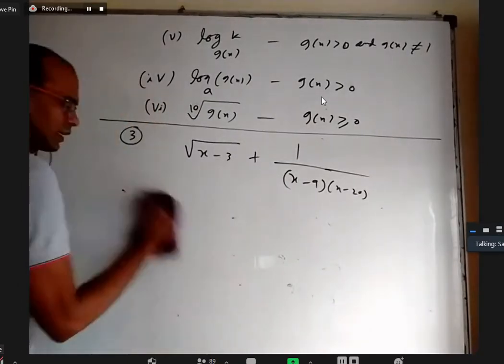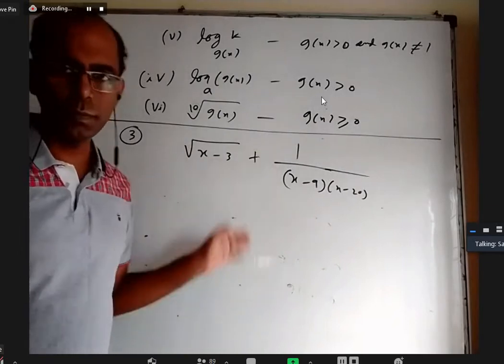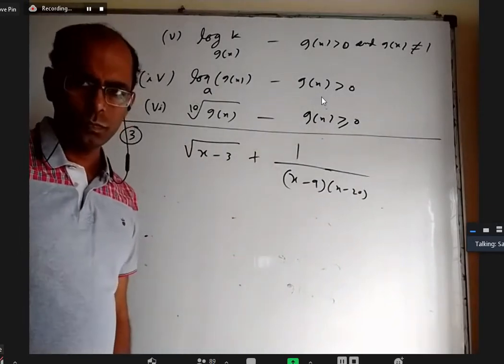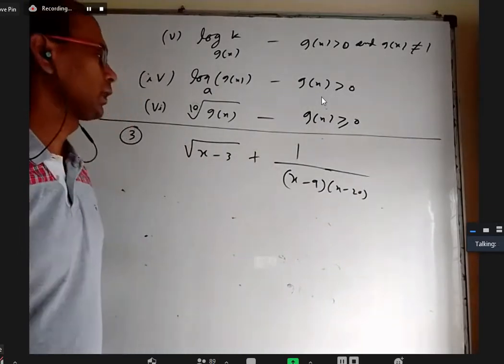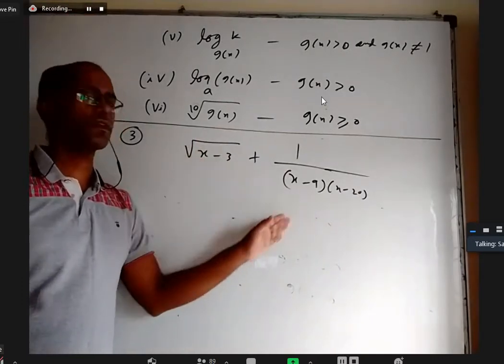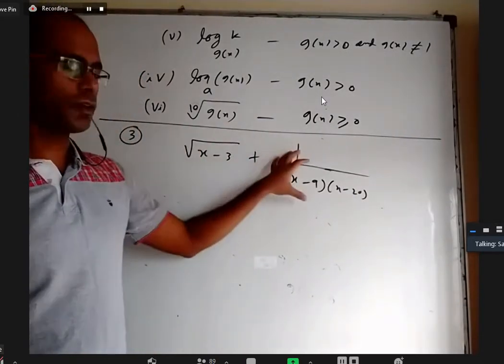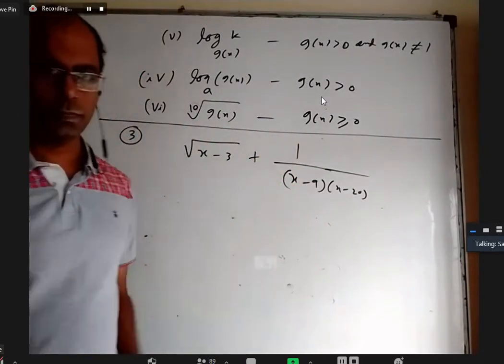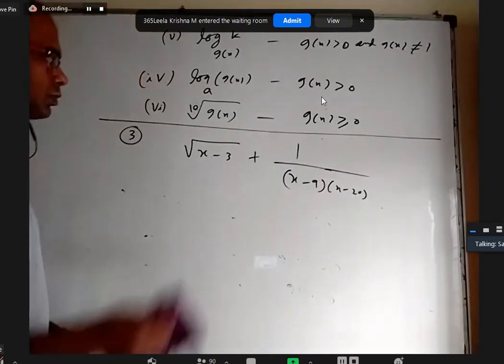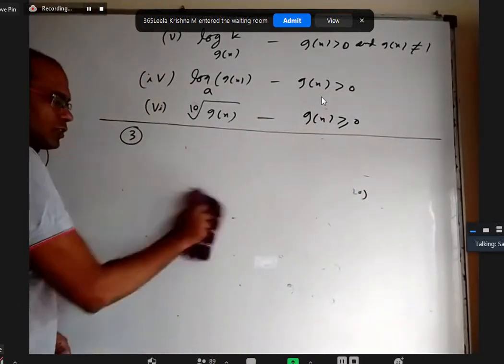Let us say there is an x value for which this is defined, but this is not defined. Will the total be defined? No, sir. Okay. So if you want the total to be defined, this also should be defined, and this also should be defined. So when you want the sum of two things, find the domain of this, find the domain of this, and take their intersection. Okay. If you have doubts about what we are discussing, as we do questions, it will be clear.